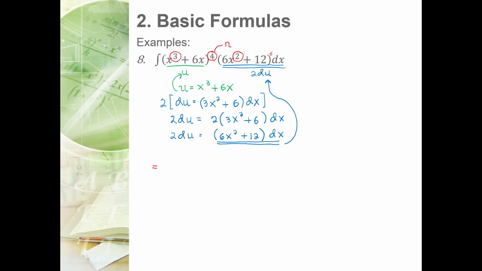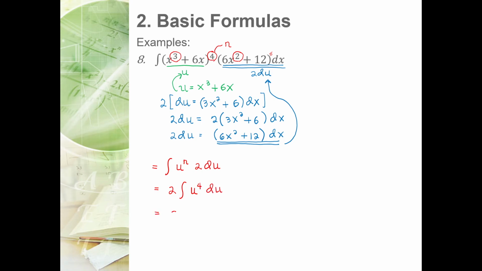Replacing all the terms, that's u to the power of n, and then the second term is 2 du. We take the constant outside, so that's u to the power of 4 du.